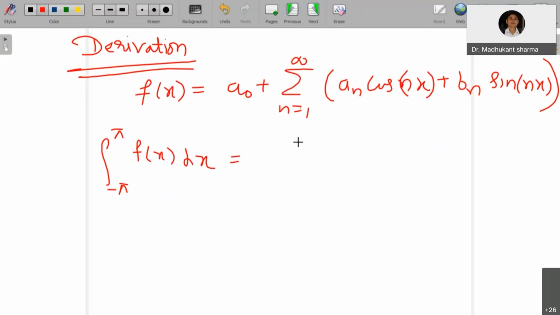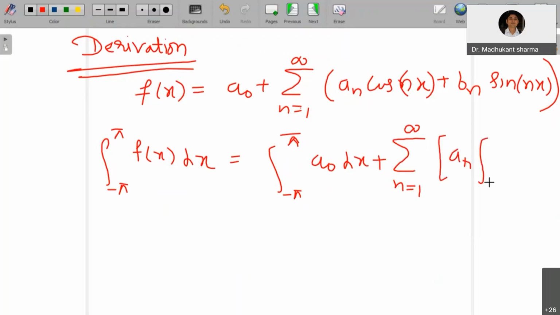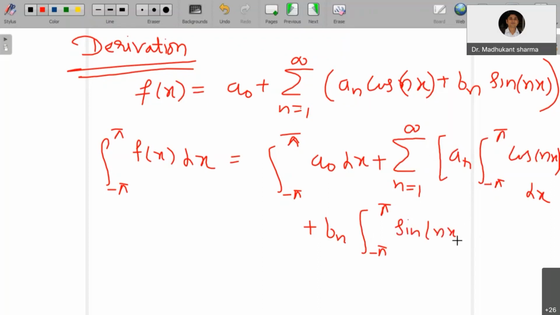So this is not simply allowed. Integration from minus pi to pi of a naught dx, plus this integration I am taking inside, given the assumption, n equals 1 to infinity, a n times integration from minus pi to pi of cos nx dx, plus b n integration from minus pi to pi of sine of nx dx.